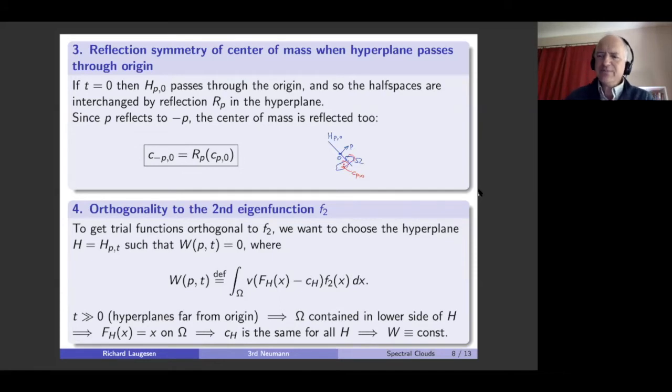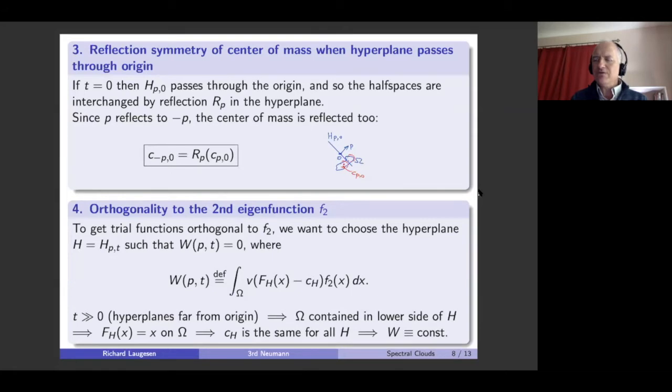In the GNP paper from 2009, they had a certain flip-flop property where they considered not only hyperplanes that are very far from the origin in one direction, but also hyperplanes that are very far from the origin in the other direction. And when you go in that other direction, in the disk situation, it was quite subtle to understand the behavior of the center of mass point and related quantities.